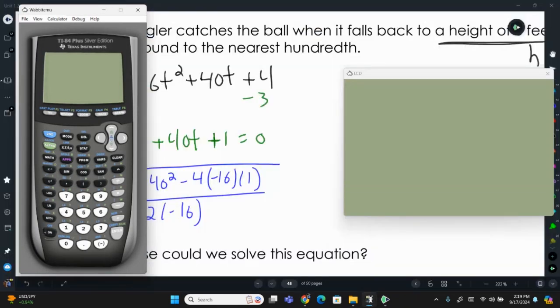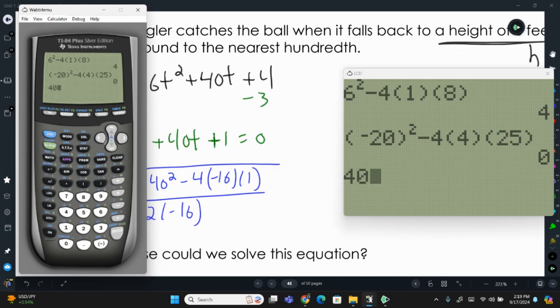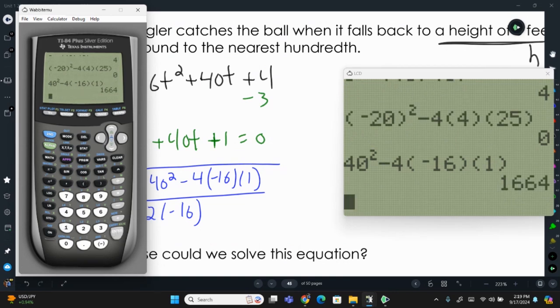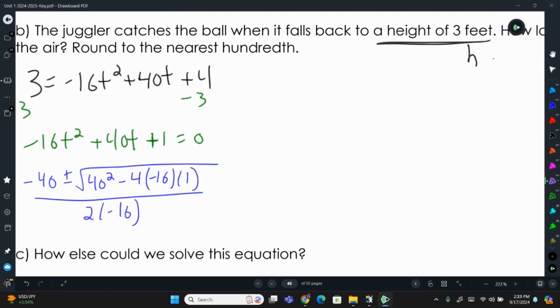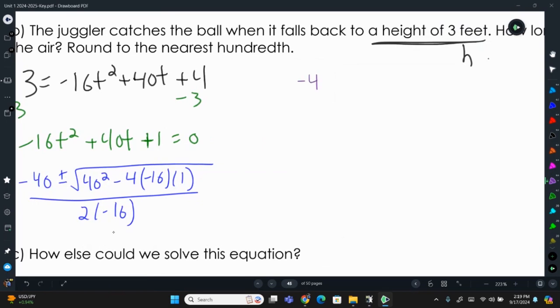So 40 squared minus 4 times negative 16 times 1, and we get 1,664. So negative 40 plus or minus the square root of 1,664 all over negative 32.